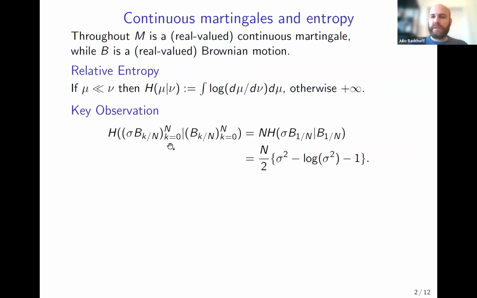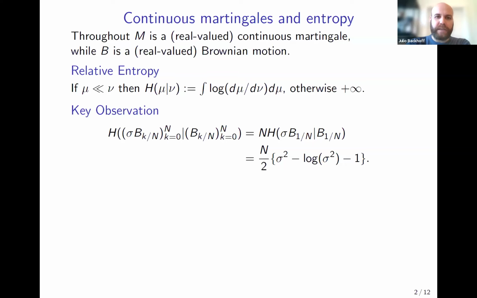So it's essentially the law of Brownian motion projected to the times of the form k over n, where n is fixed. And one of the beautiful properties of the relative entropy is that it is preserved under bijections. So instead of the laws of these random vectors, you can pass to the laws of the increments of those random vectors, and the relative entropy does not change.